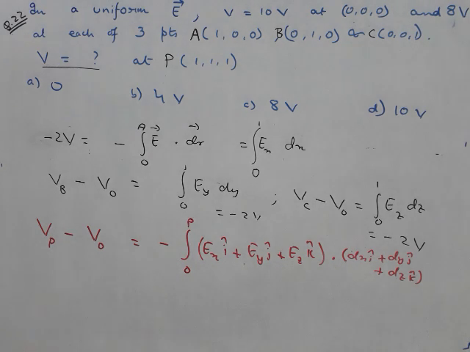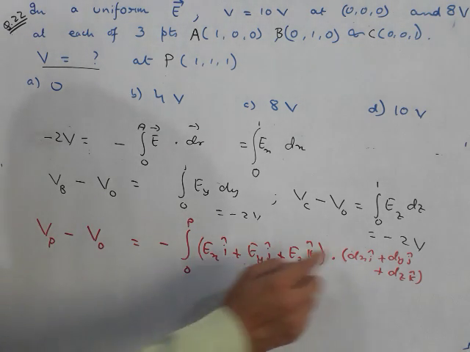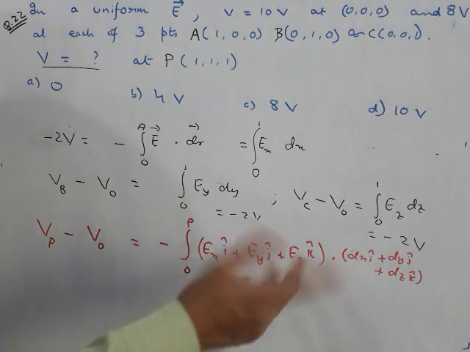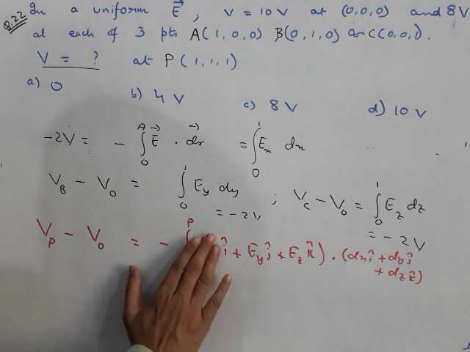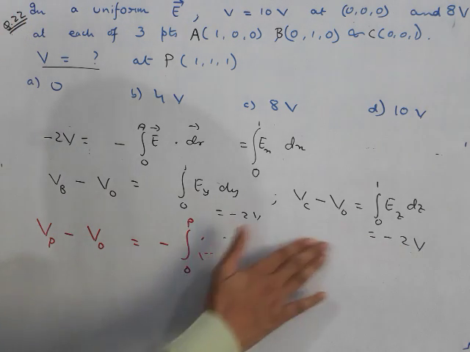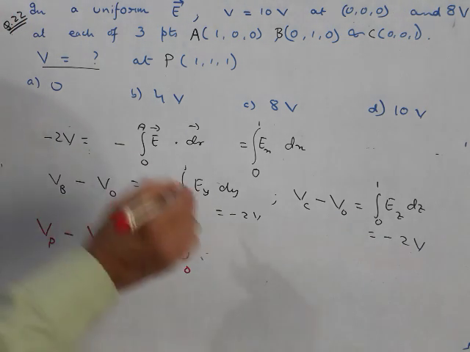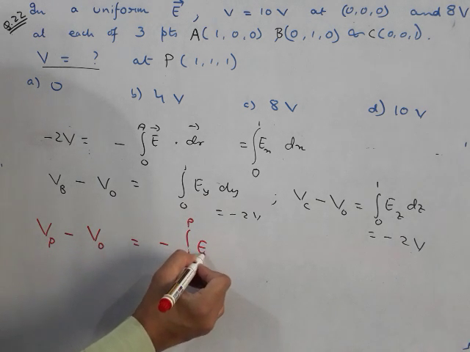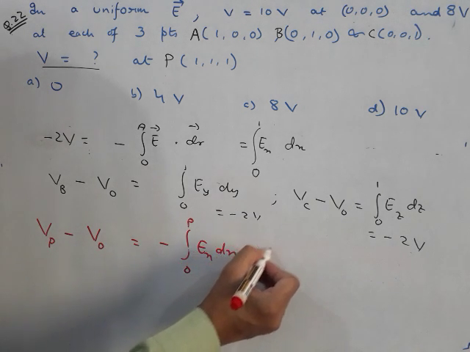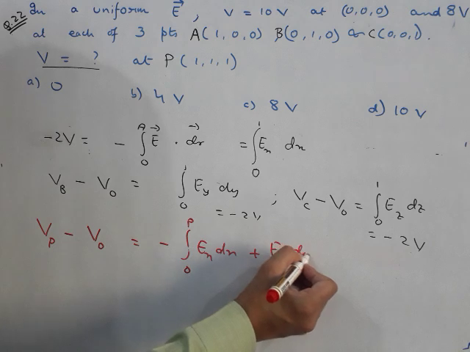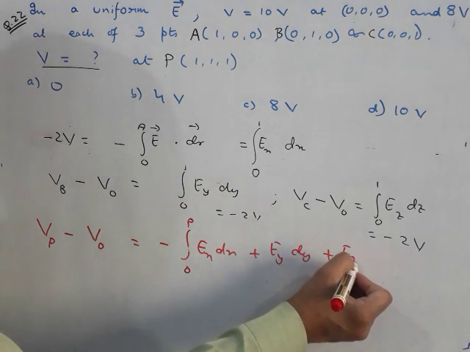Now this dot product, on simplification, i dot i, j dot j, k dot k are 1, other cross terms will become 0. So what will be left behind? The terms Ex dx plus Ey dy plus Ez dz.